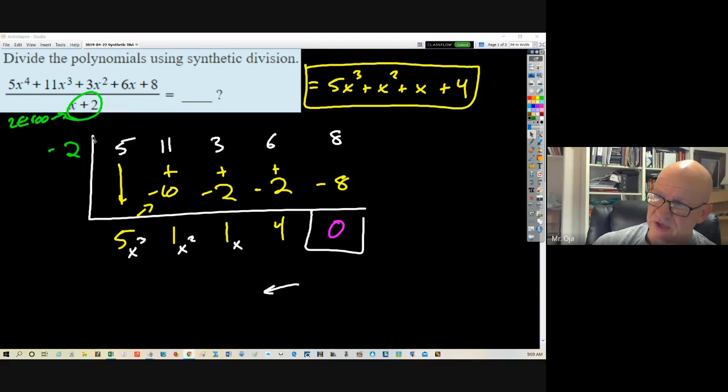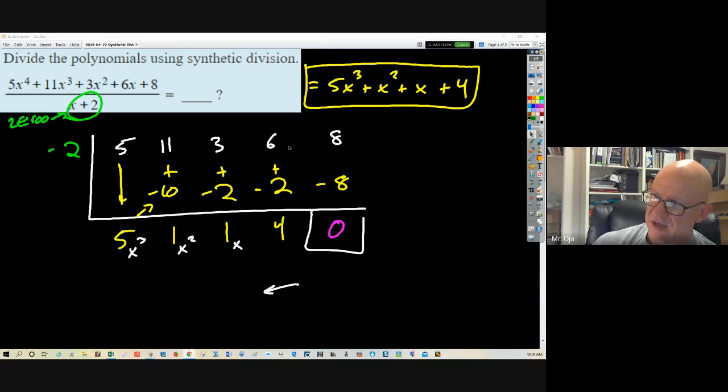Okay, so then here's one way to set this up with a bracket. This is a nice way to do it. It's a good way to keep track of the process. We're going to draw our big L-shaped bracket, and then outside, to the left of the bracket in the top row, is the 0 of the denominator. So the value, if I set the bottom equal to 0 and solve, whatever number that is.